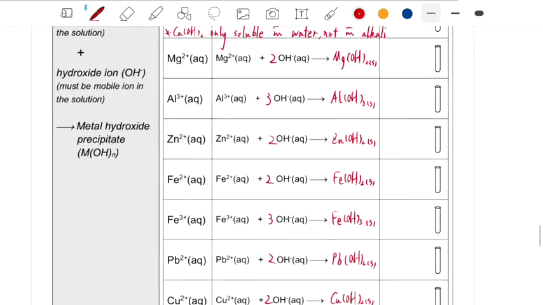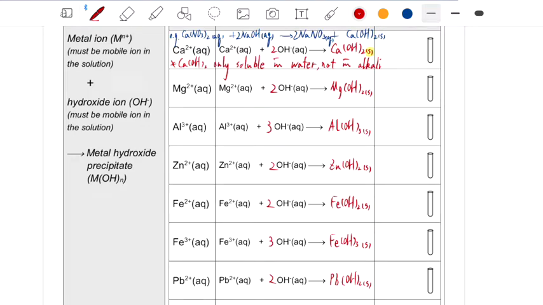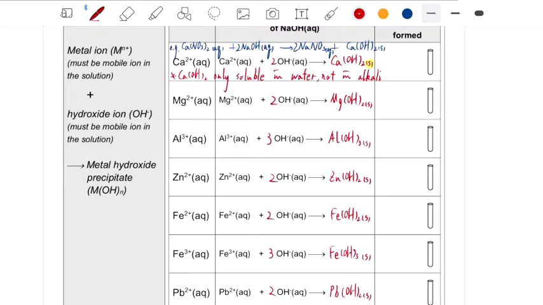Among all these precipitates, most of them are white in color. The first one, calcium hydroxide, magnesium hydroxide, aluminium hydroxide, zinc hydroxide, and also lead(II) hydroxide, are all white in color. There are 3 special cases that you need to remember.